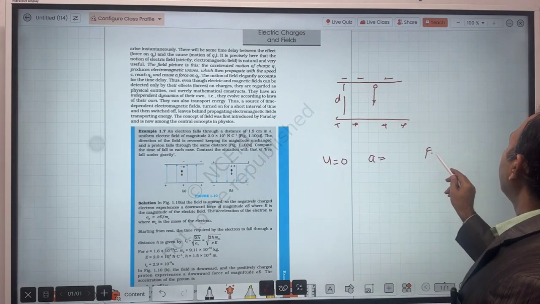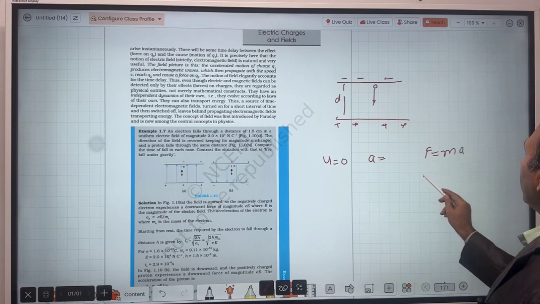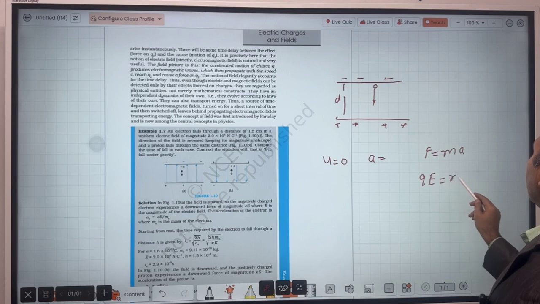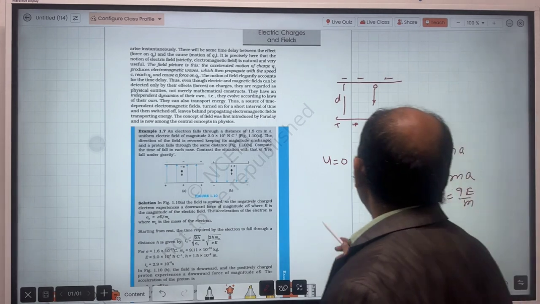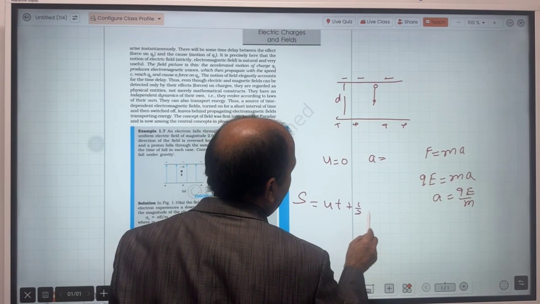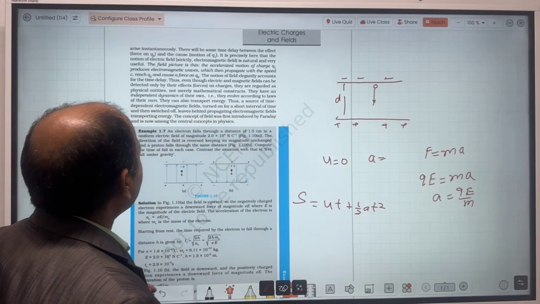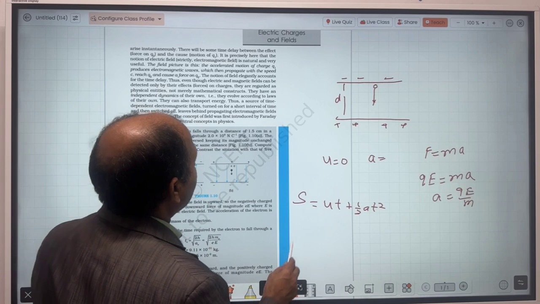So if you apply the formula F equal to ma, and you know that force is given by charge times electric field, so QE equal to ma. So acceleration can be found from here, QE upon m. And then we can apply the formula S equal to ut plus half at square. S is given in our question as 1.5 centimeter.